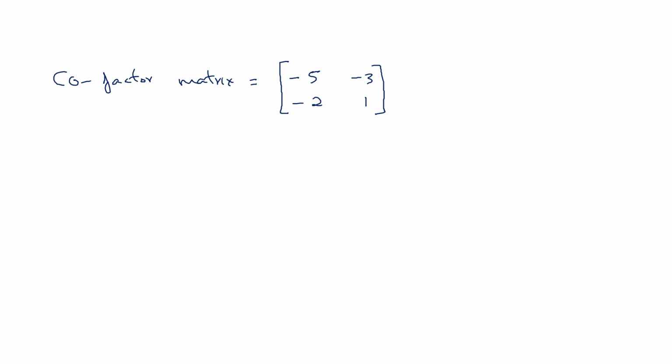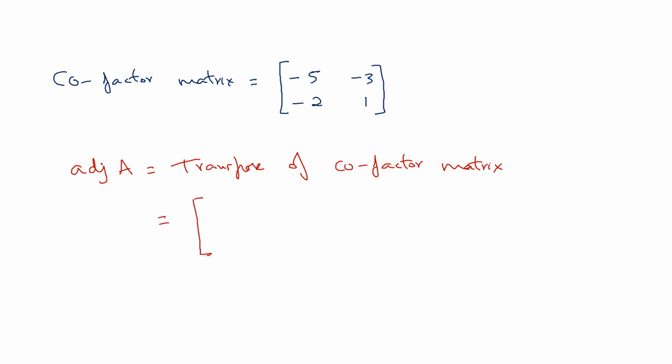So how to find the adjoint of a matrix? The adjoint of a matrix A is equal to the transpose of the cofactor matrix. Just take the transpose of the above cofactor matrix, you get the adjoint of A, that is [minus 5, minus 3; minus 2, 1]. So this is the adjoint of A.